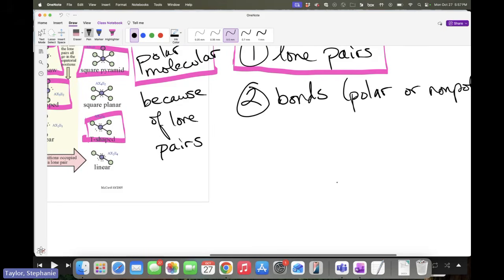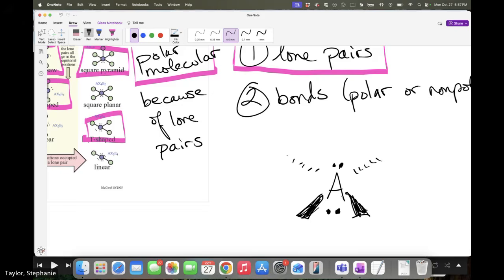So for example, I'm just going to use A's and X's. So I'm going to have 6 electron domains. I'm going to talk about these guys in just a minute. So we're just going to start off with these being hydrogens for now. So first of all, the lone pairs that I do have on the square planar geometry do cancel each other out.